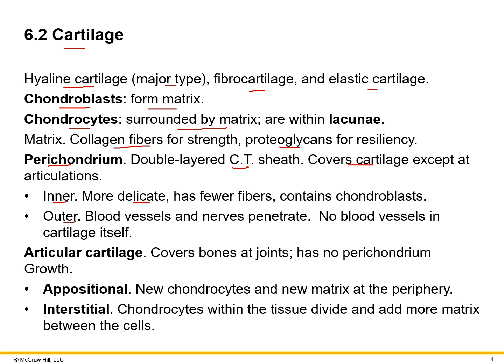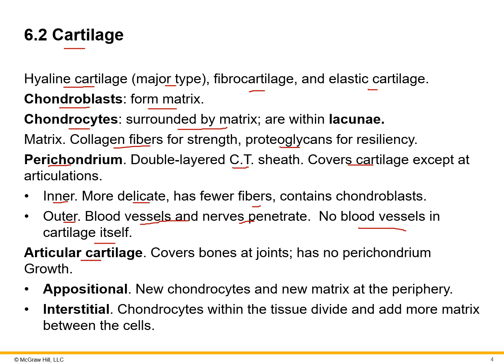A few less fibers, and it contains those chondroblasts that make the matrix. And then the outer part is where it's going to be innervated with the blood to give it nutrients, as well as the nerves to penetrate it and activate it. No blood vessels, though, actually within the cartilage itself. So it's just on that outer exterior. The cartilage itself does not have any blood vessels coming into it.